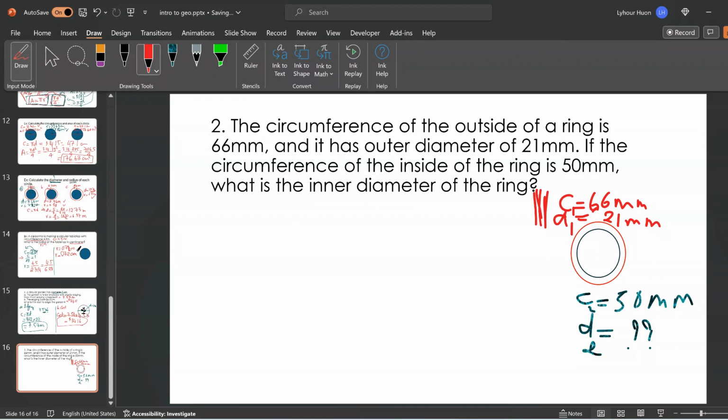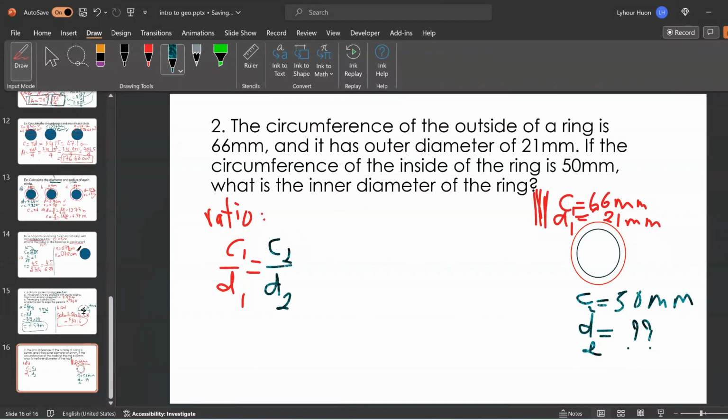So to write this ratio of proportions, C1 over D1 equal to, what do you think? Proportion has to be in a similar item, right? How do we write the proportion? C1 over D1 has to be equal to C2 over D2.